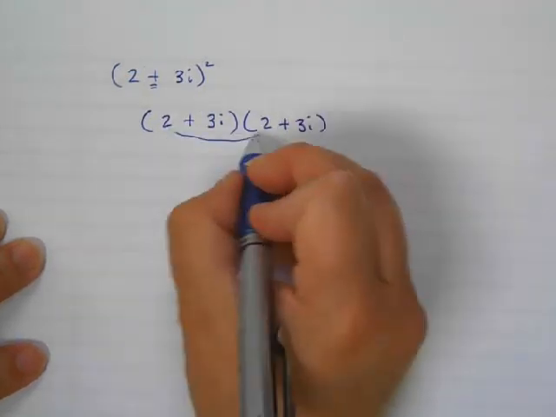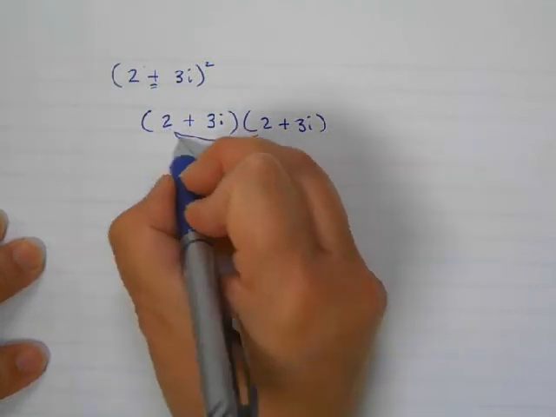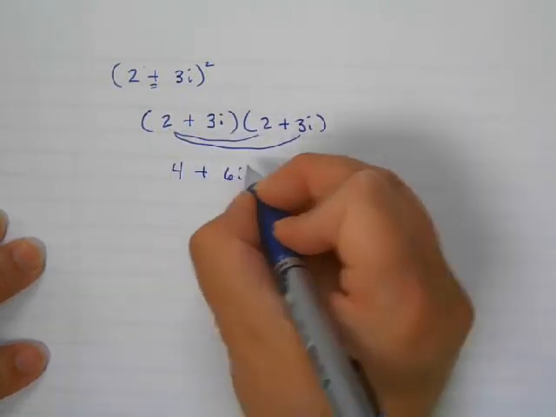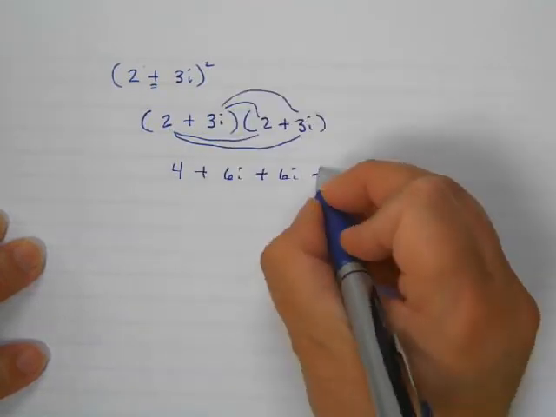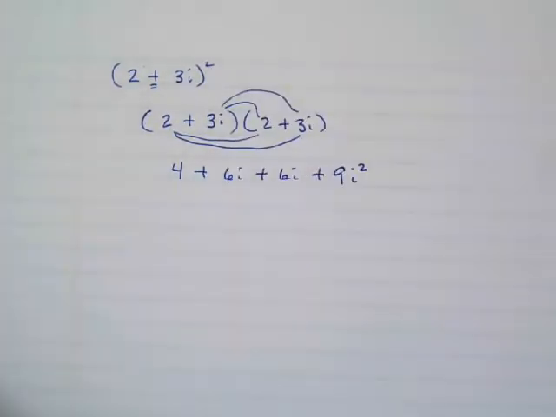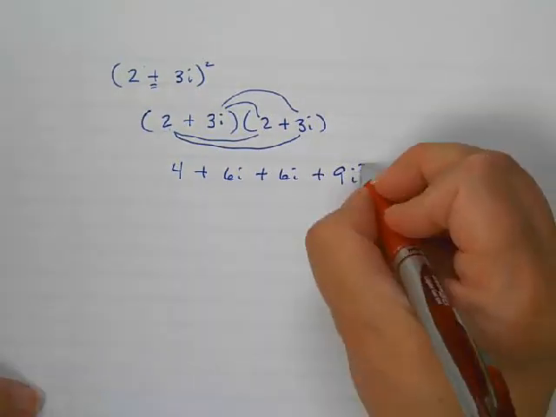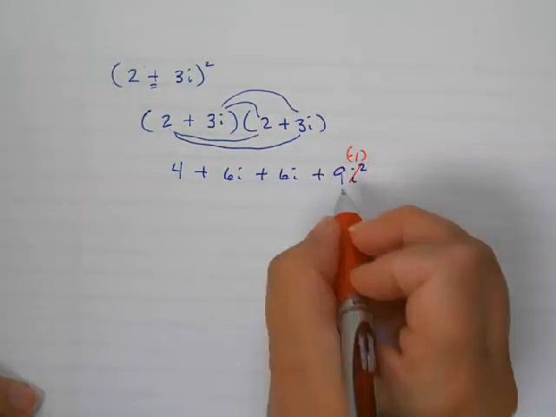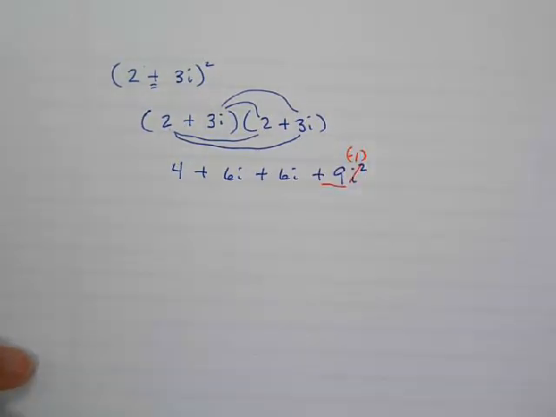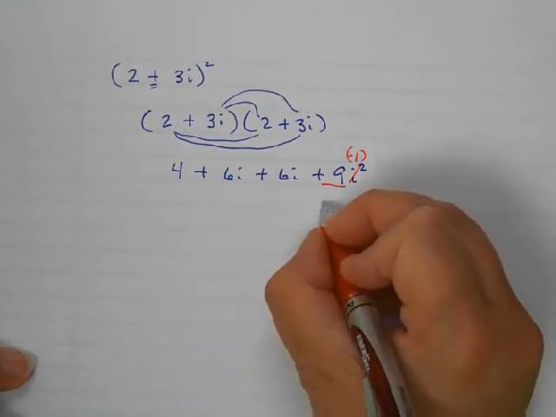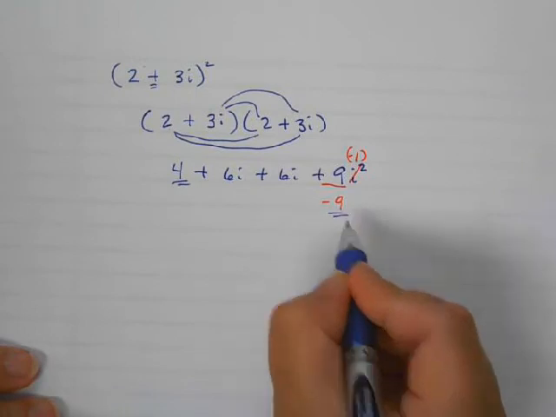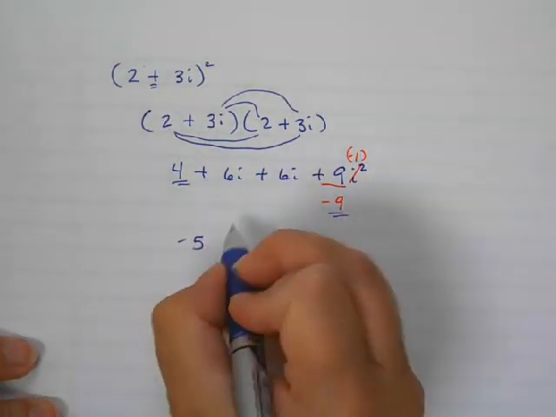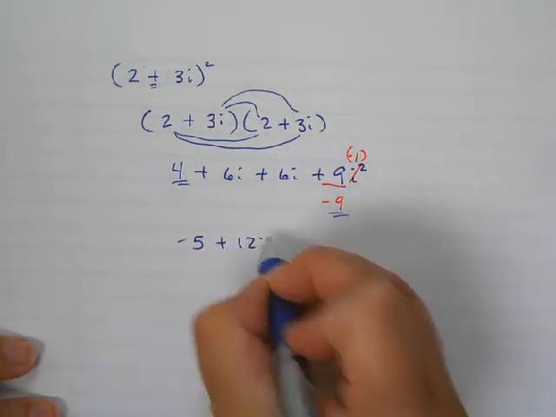So I would get 4 plus 6i plus 6i plus 9i squared. And we know that i squared turns into negative 1. So what it actually does is just change the sign of the last term. So this becomes negative 9, and I'm adding it to positive 4, which becomes negative 5 plus 12i.